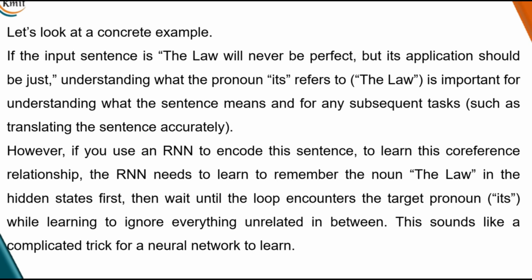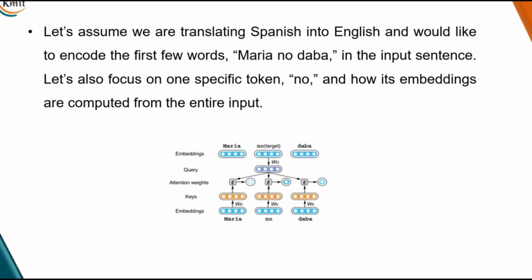When I process the same sentence using an RNN to encode the sequence, the RNN needs to learn to remember that the noun law is related to the word "its", which comes later. But as there is a long gap between the words law and "its", it is very difficult for the neural network to learn the relation between law and "its".